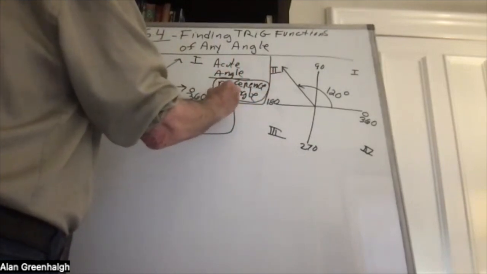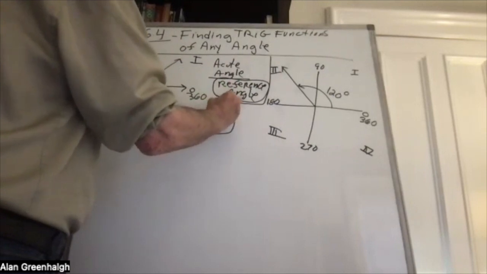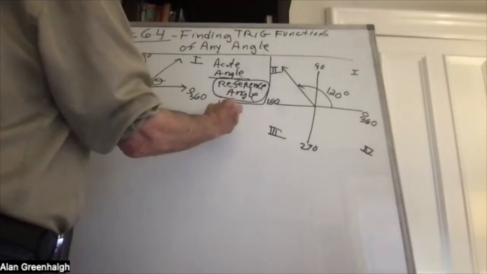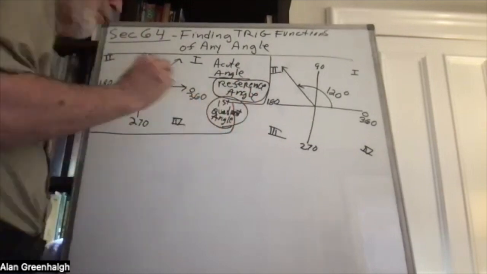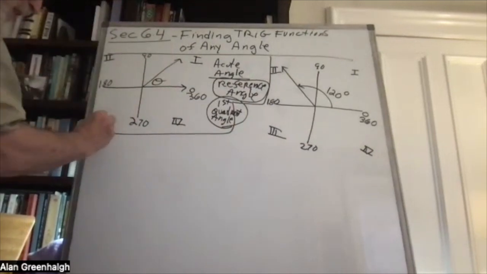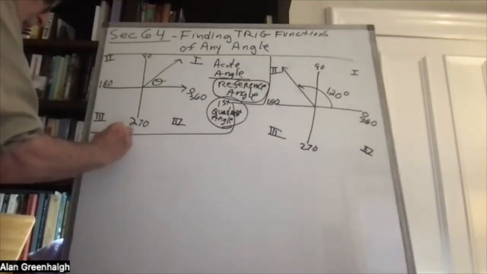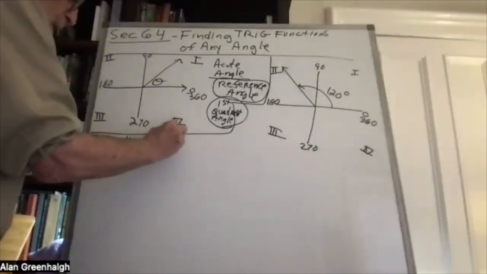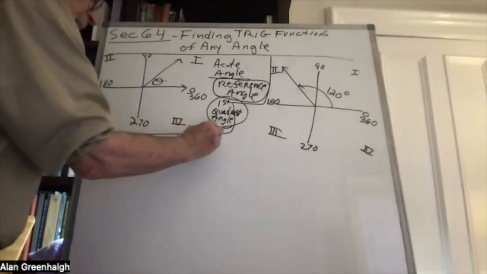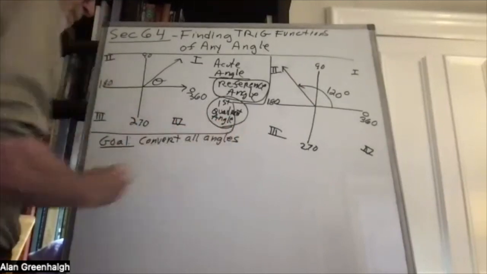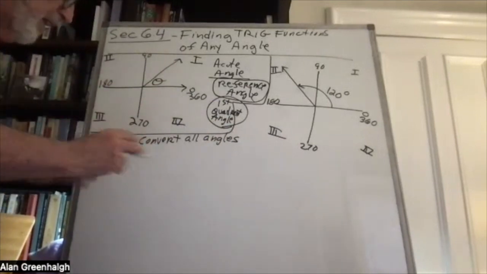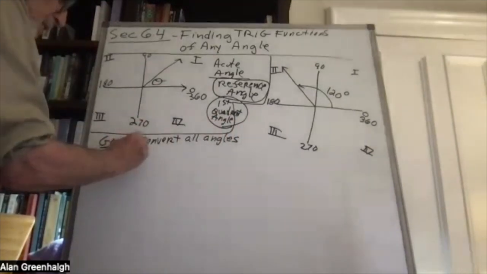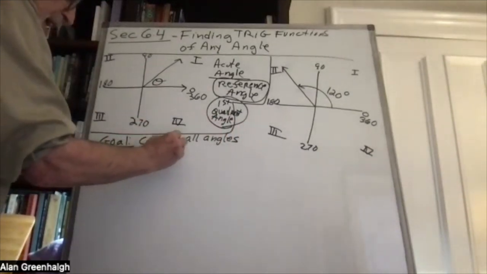So the goal is always going to be to convert all angles, no matter what quadrant they are in, and eventually we'll talk about negative angles, to a first quadrant angle.